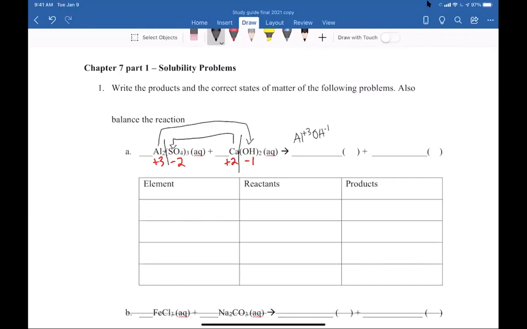How would you balance these? How can we make these even when we put them together? If Al is +3 and OH is -1, what would you do? Somebody's got to remember.